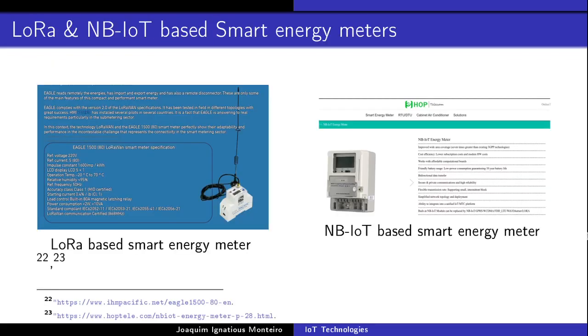There are narrowband Internet of Things applications, such as LoRa based smart energy meters. Commercial products do exist. So smart metering using LoRa or using narrowband Internet of Things is a commercial thing, rather.